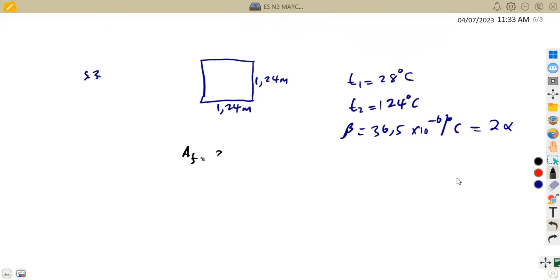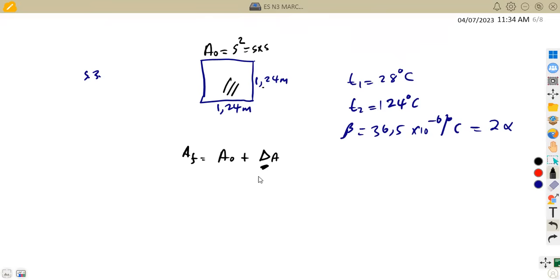So how are we going to have our final area? We know that the final area is supposed to be the original area plus the change in area. We have the original area because here it's a square. We can simply have our original area, which is side times side, or just side squared, where you multiply 1,24 and 1,24.